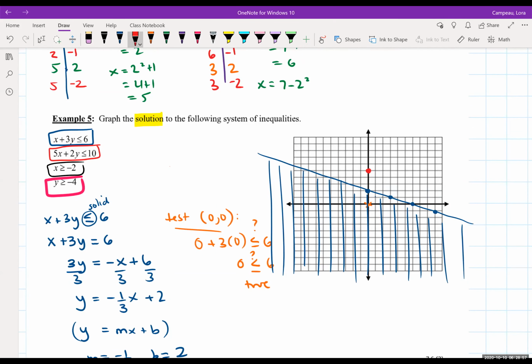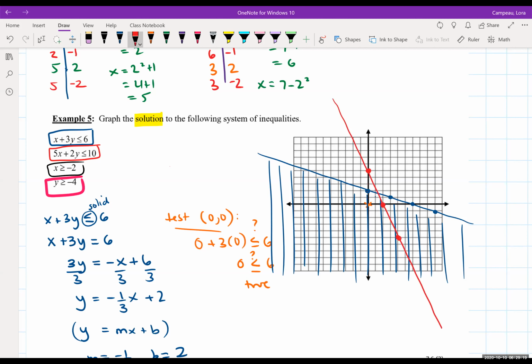I'll do this again, down 5 and right 2, and I got more accuracy going. Feel free to keep going if you need more, but we're going to use a solid line to connect our points.